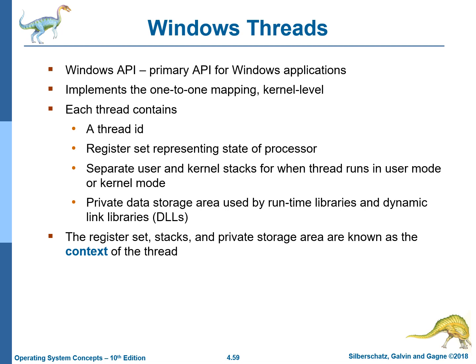Each thread contains a thread ID, a register set representing the state of the processor, and separate user and kernel stacks for when the thread runs in user mode or kernel mode. It also has a private data storage area used by runtime libraries and dynamic link libraries. The register set, stacks, and private storage area are known as the context of the thread.